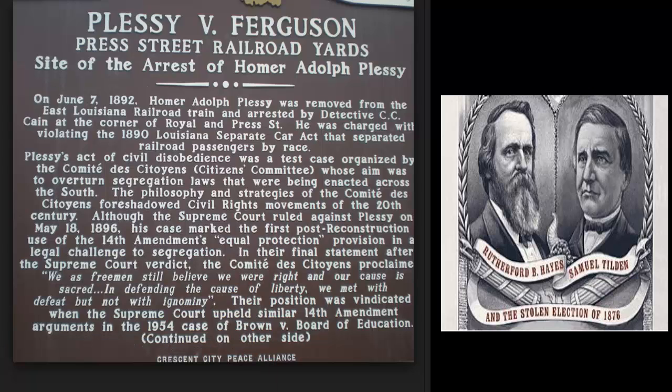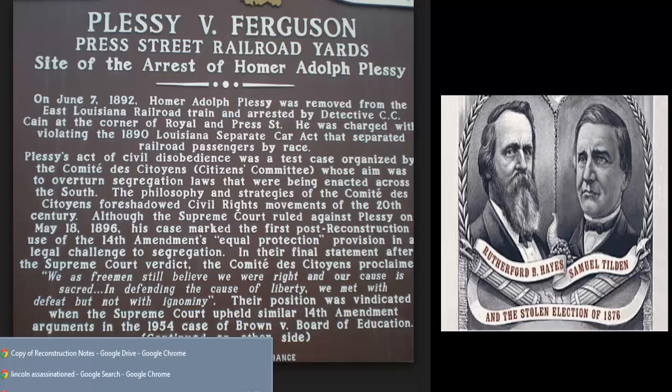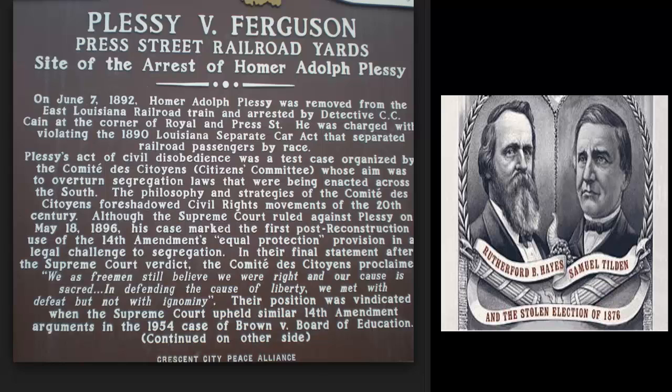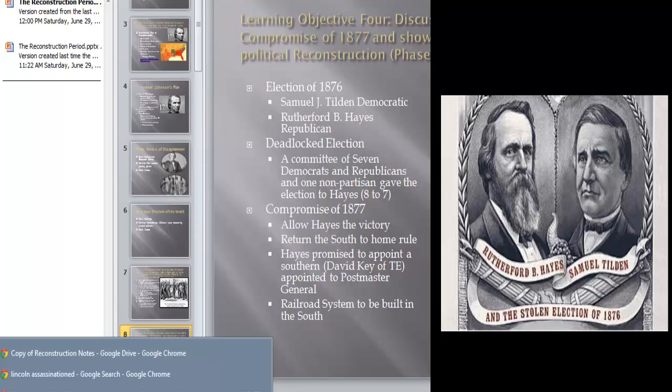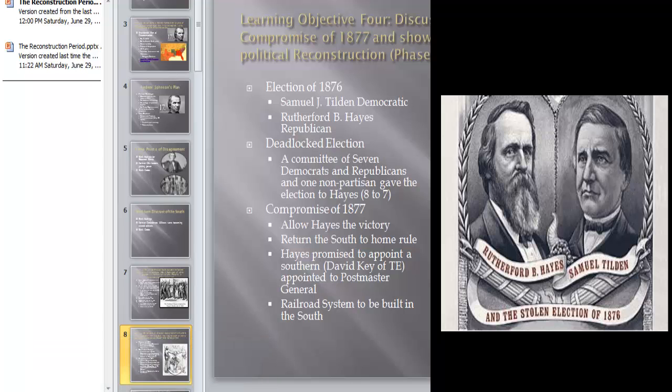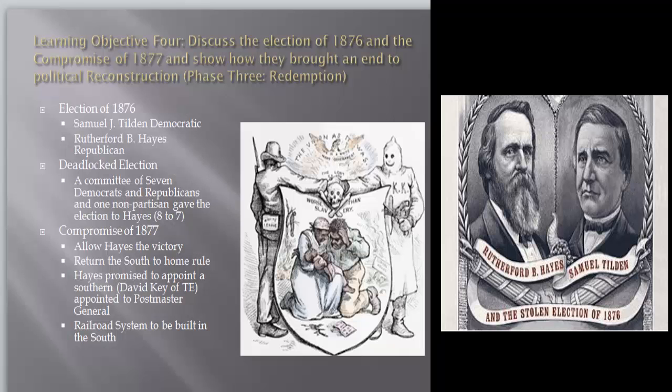The other case that was a result of this compromise, where the South would be able to control their Negro problem, as they put it, was the 1898 case, Williams versus Mississippi, which was a Supreme Court case that validated literacy tests, which were quite interesting.